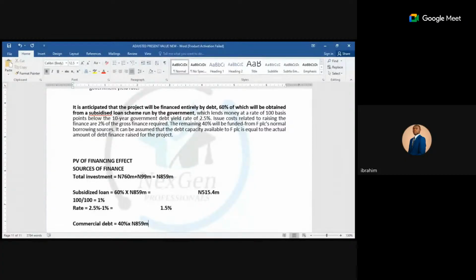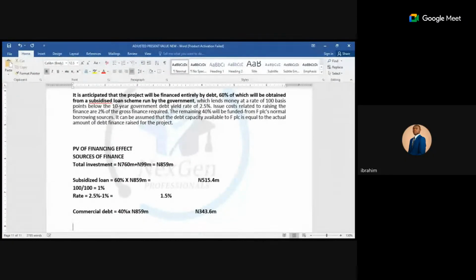The main problem of our PV of financing is how to analyze this subsidized loan and all these things. So any other information, yeah, we are good. So what do we have here? 343.6.